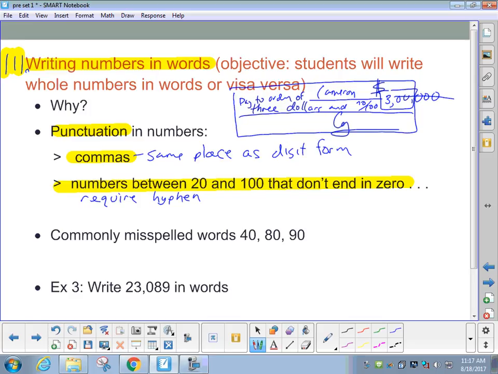Yeah? When you go to write 49, it'll be 40. I'm glad you asked this, because 40 is a commonly misspelled word. 40, F-O-U-R or F-O-R? It's F-O-R. It's tempting to say F-O-U-R because that's how 4 is spelled, but 40 is F-O-R-T-Y. Now, I'm joining 40 and 9 with a hyphen. That's where the hyphen comes in. 40 and then 9.